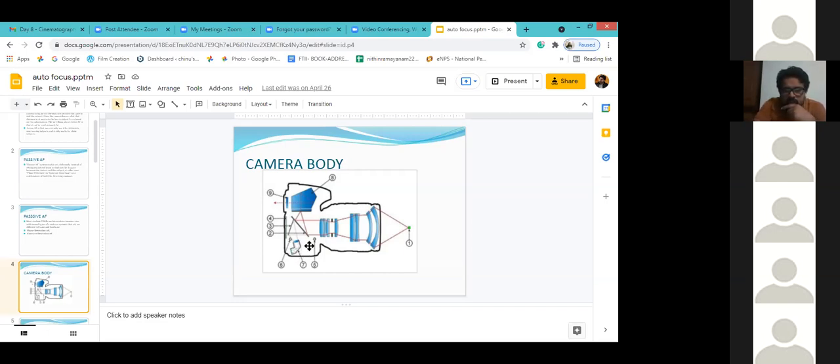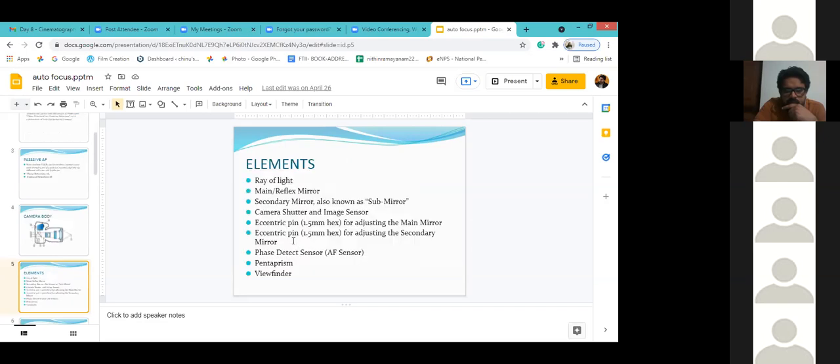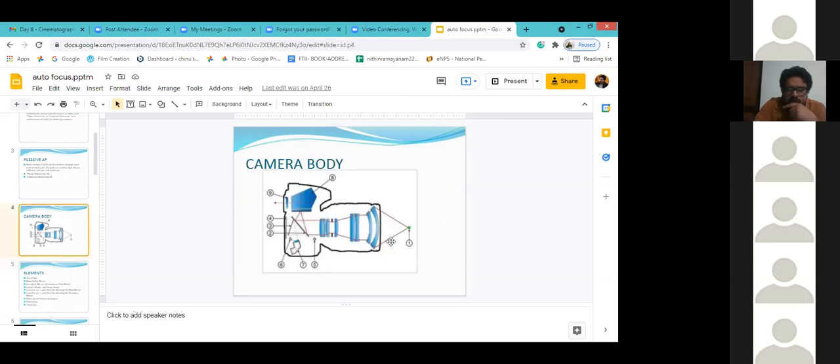Okay, so one by one. From number 1, the light is coming. This is one, the lens. Second one is your mirror. The third is the sub mirror. Fourth one is your sensor.